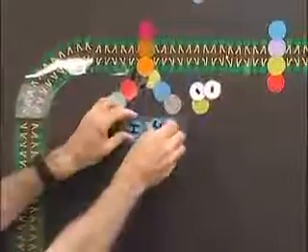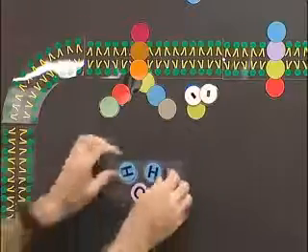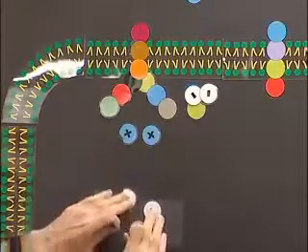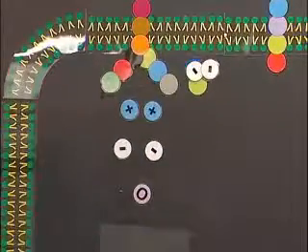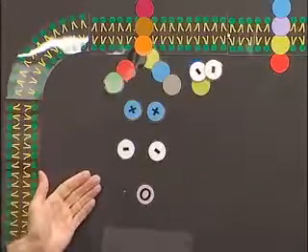When the reaction is over, I pull this down a bit. We've got protons, electrons, and oxygen. So there's our after picture. And I leave that for whatever amount of time it takes for the students to absorb.